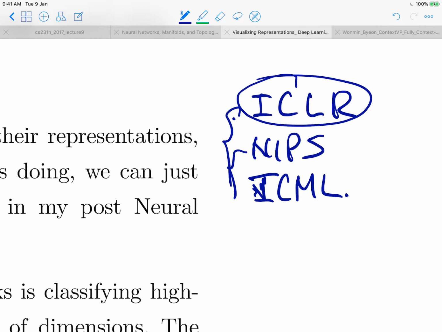The reason why I'm introducing this is because it is the acronym for International Conference on Learning Representations. Learning representations is the key concept or key task in almost all neural net or deep learning tasks.